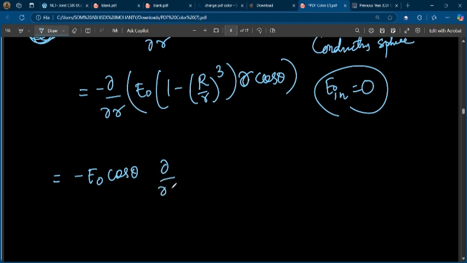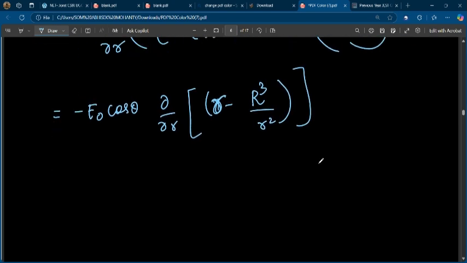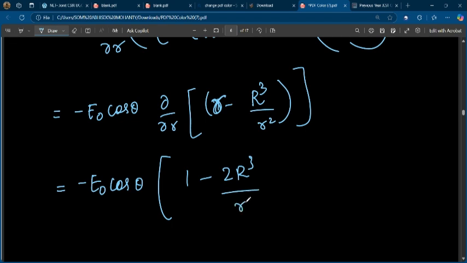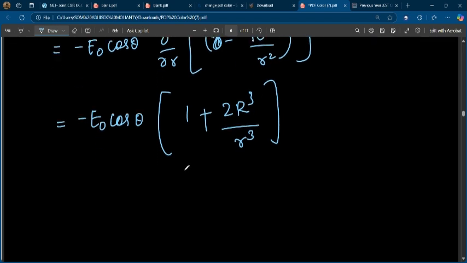Del by del r of (r minus R cubed by r squared), let's take r inside. Now it is simplified. Minus E naught cos theta times the derivative: 1 minus, this becomes plus 2 R cubed by r cubed, since the derivative of 1 by r squared is minus 2 by r cubed.